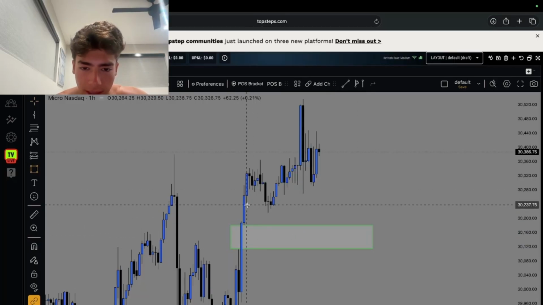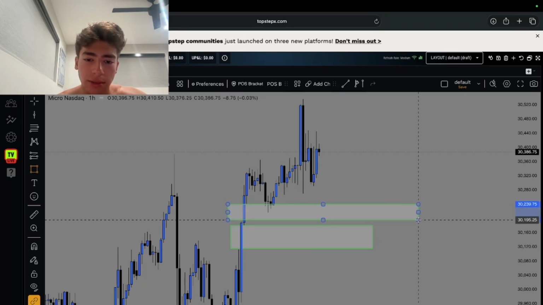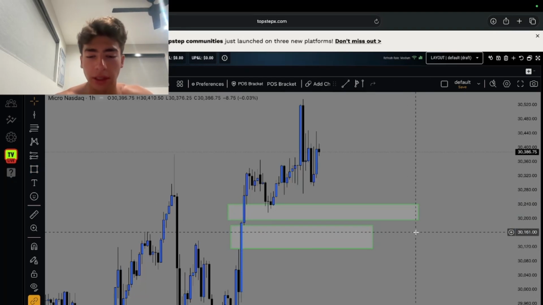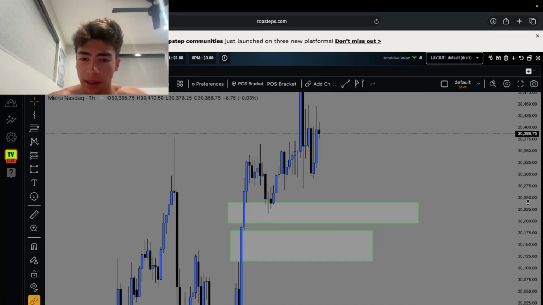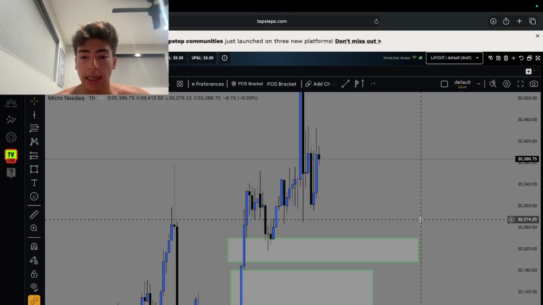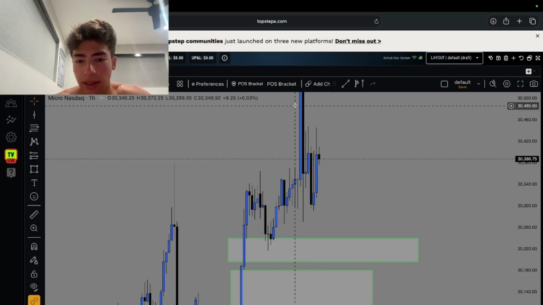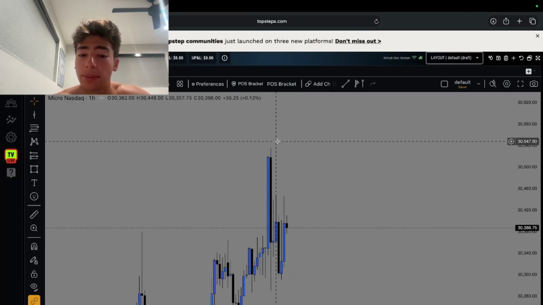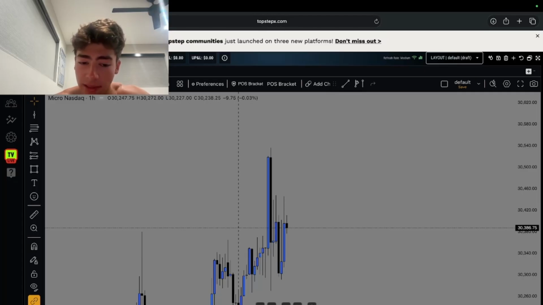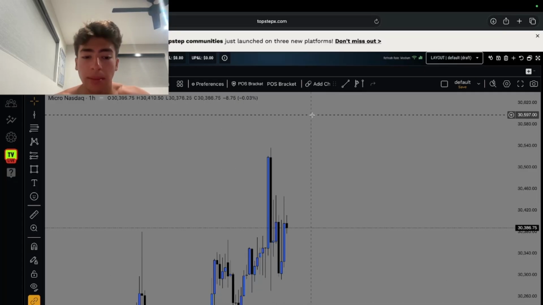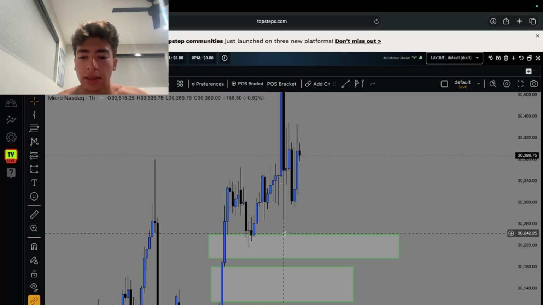From this wick to this wick, we'll draw that one out. So there's two bullish fair value gaps right here. And look, price wants to tap into this before delivering higher. Price moves down into these gaps, taps these gaps before flipping back up and delivering higher.